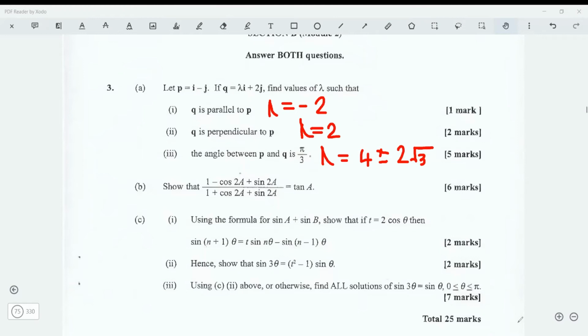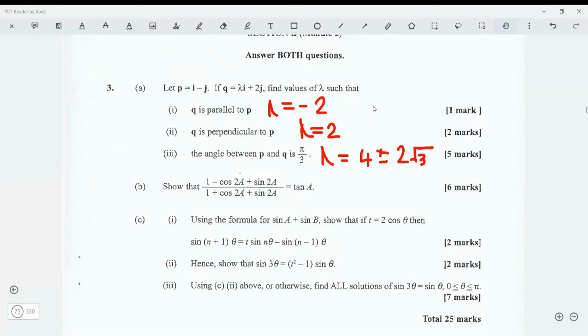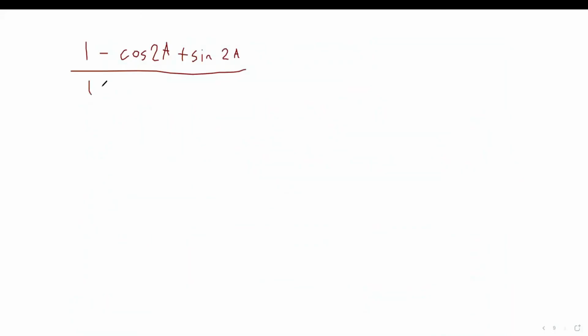Let's just continue. All right, so the next question said we're supposed to prove that (1 minus cos 2a plus sine 2a) over (1 plus cos 2a plus sine 2a) equals tan a.